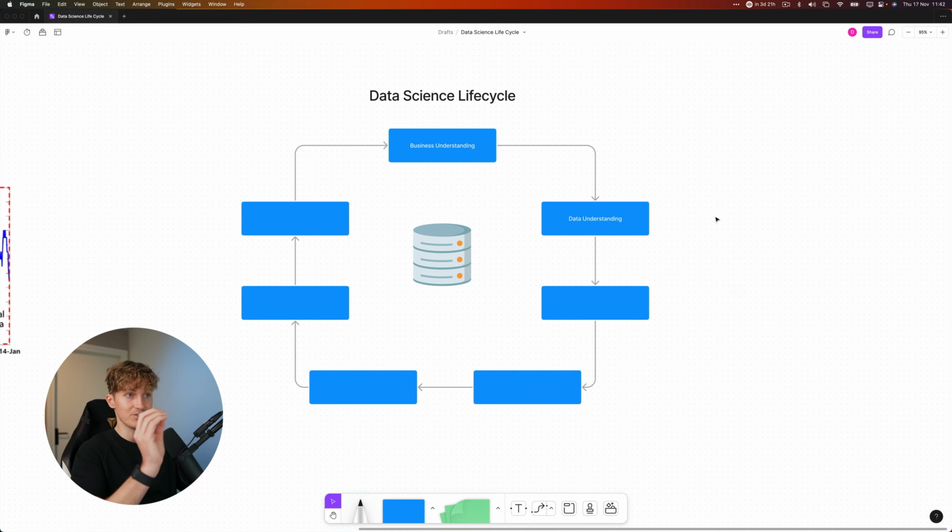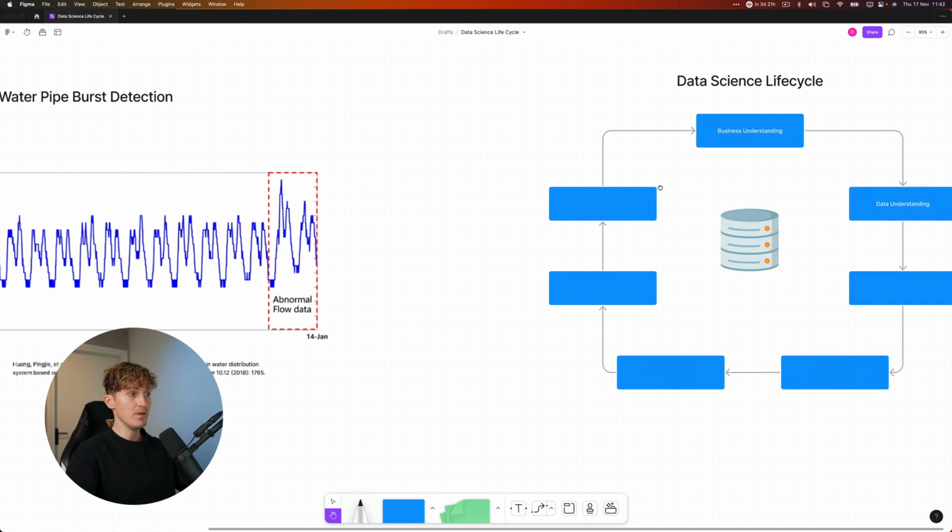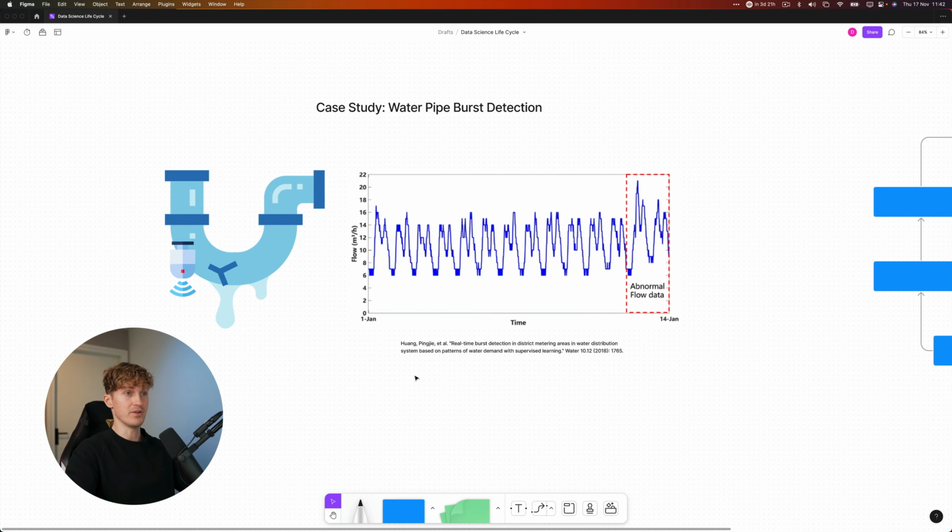So next to understanding the business problem, we also have to really understand the underlying data that we have and that we can work with. So coming back to the example over here, we have a very simple example where we have a sensor that measures a flow, for example, but could also measure other parameters of the water.